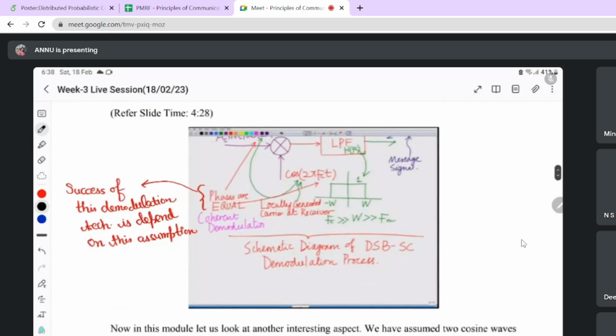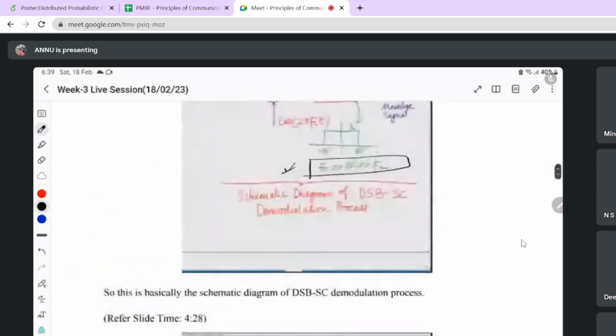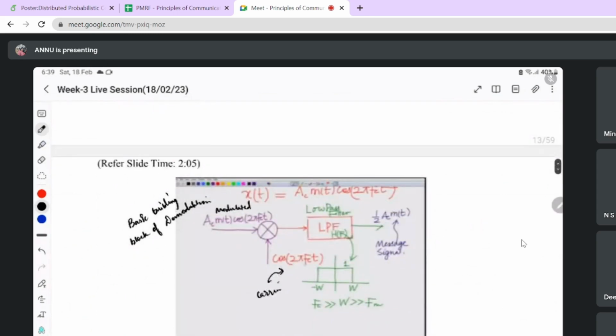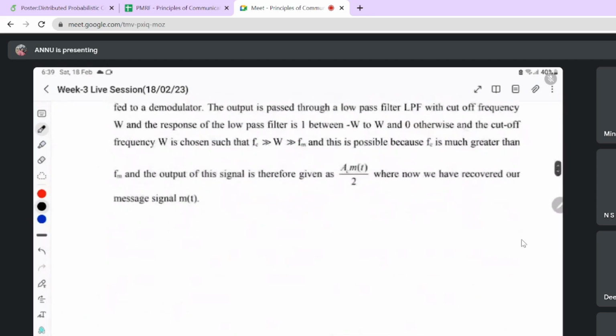The success of this demodulation technique depends on an assumption. Here we are assuming that the phase of the modulated signal and the phase of the carrier are the same, but in practice we don't have that.